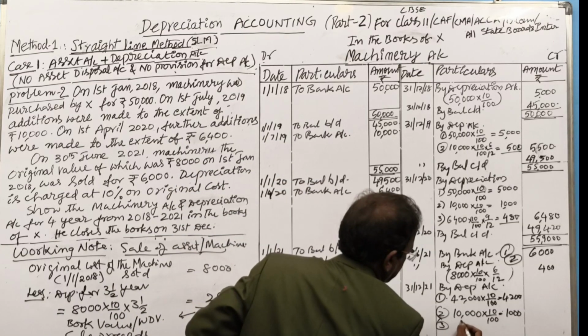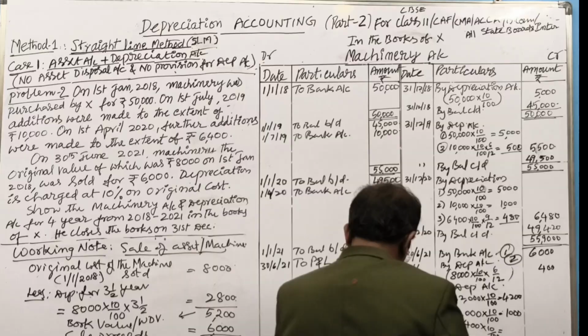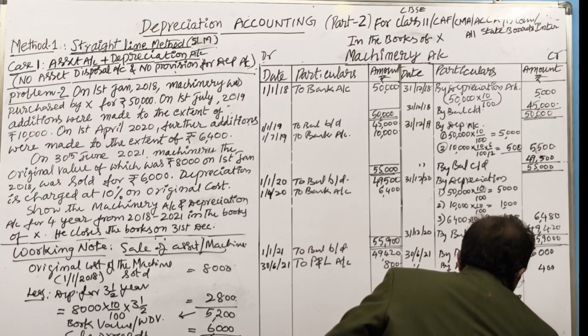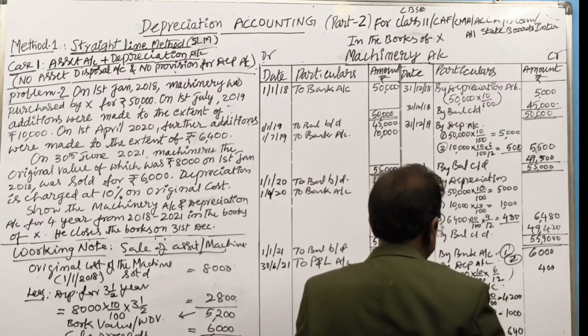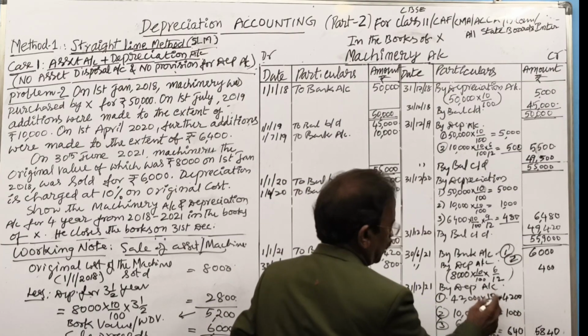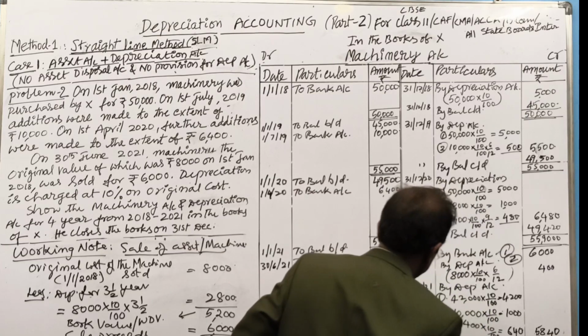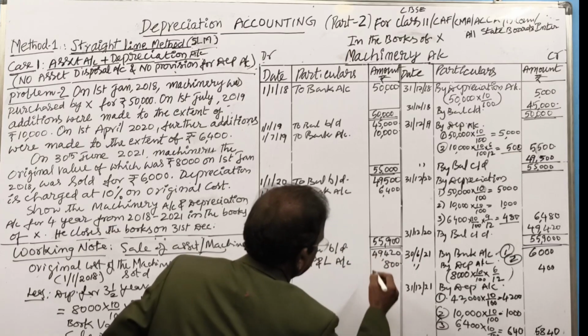Third machine cost 6,400 into 10 by 100 equals 640. Now you should take the total of these three items and put it here. What is the total of these three? 5,840.